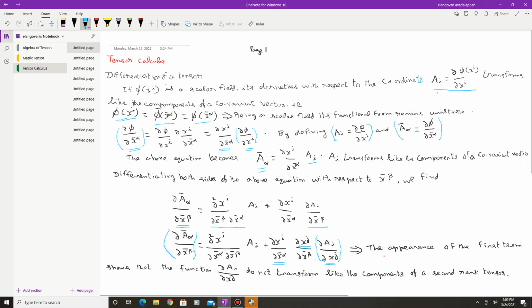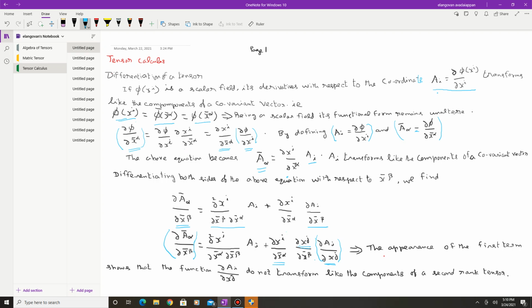Now if the first term were absent, you could see this is a tensorial type of transformation. Therefore, the differentiation of this vector would be a vectorial type of transformation if the first term were absent.